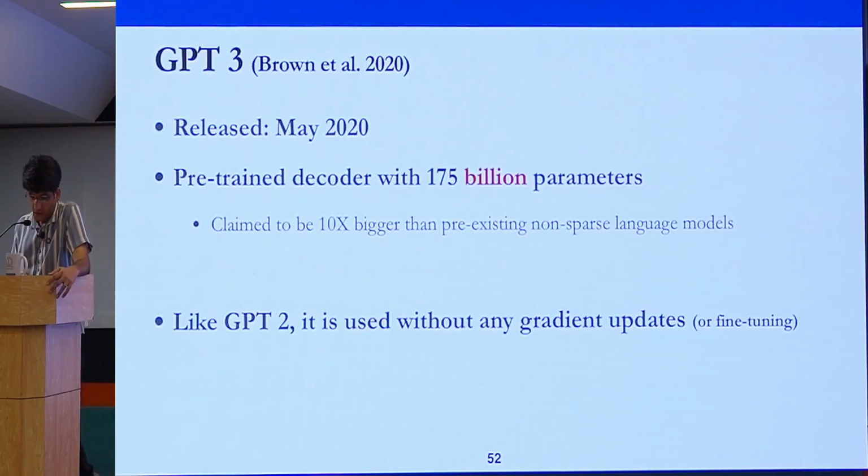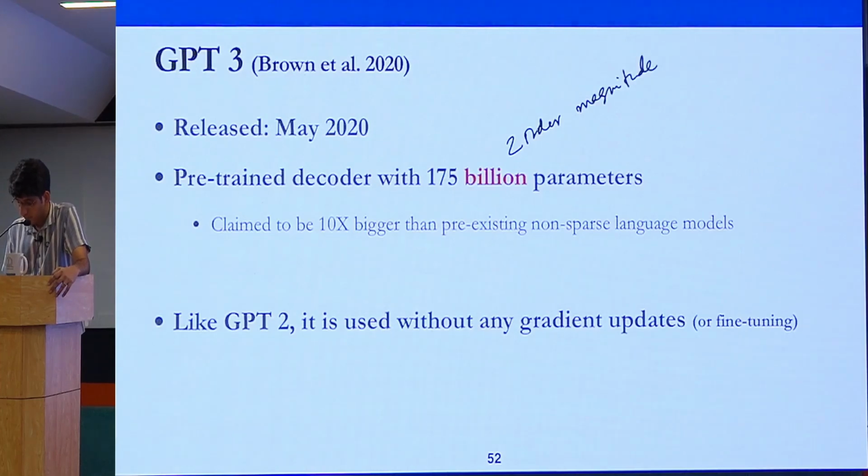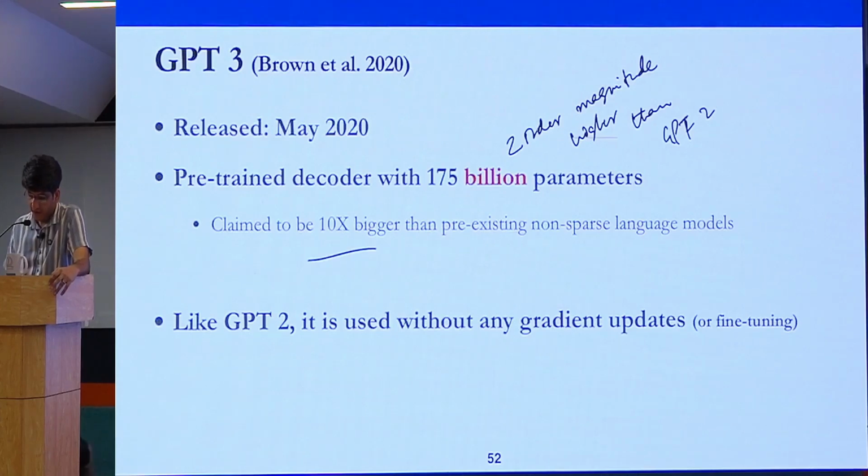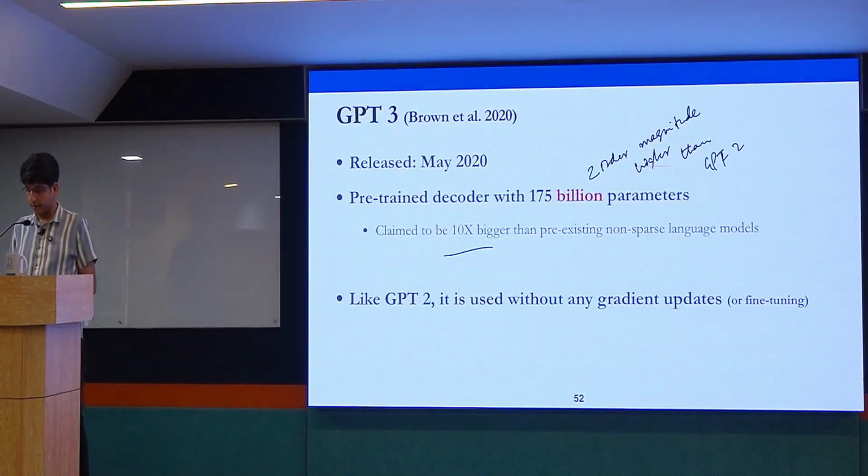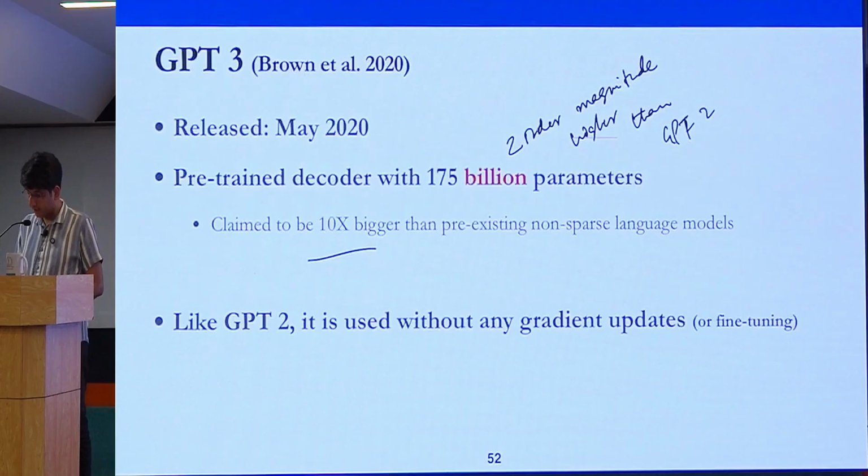So this is not 1.5 billion. This is 2 orders of magnitude higher than GPT-2. And this was 10x higher than anything that existed at that point in time. GPT-3 is trained without any gradient updates, just few-shot, no fine-tuning, nothing.